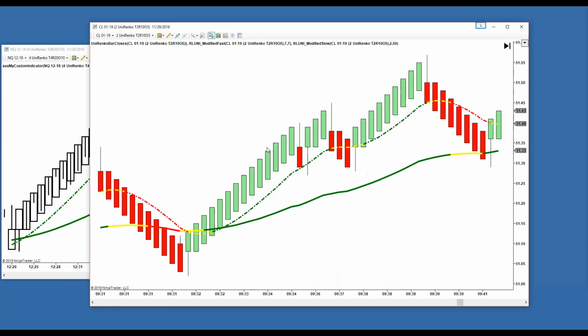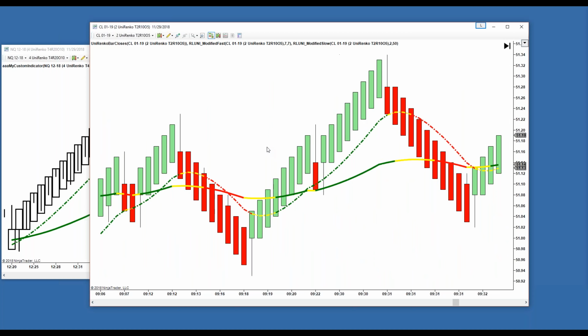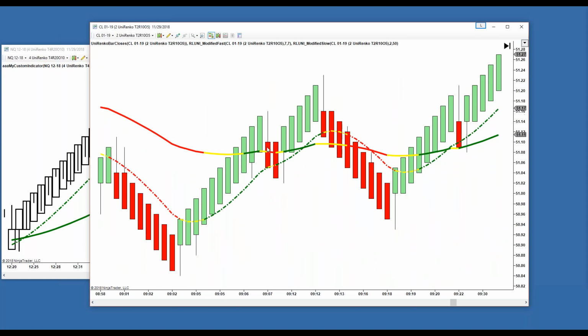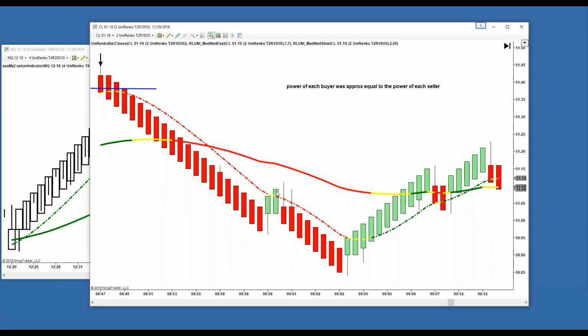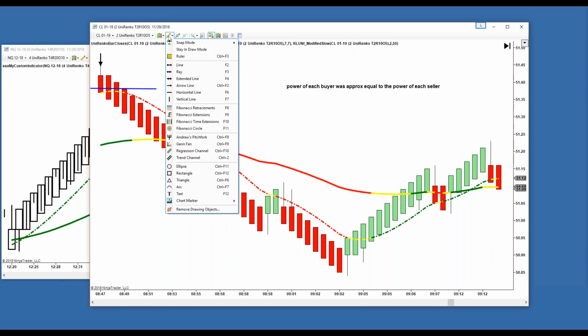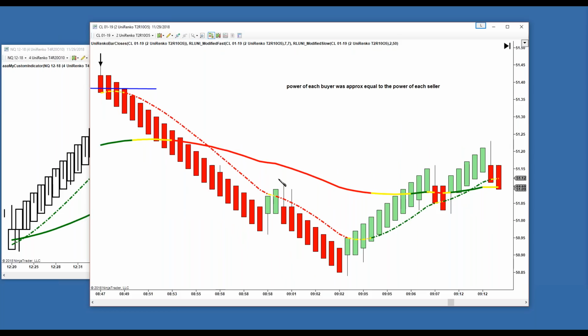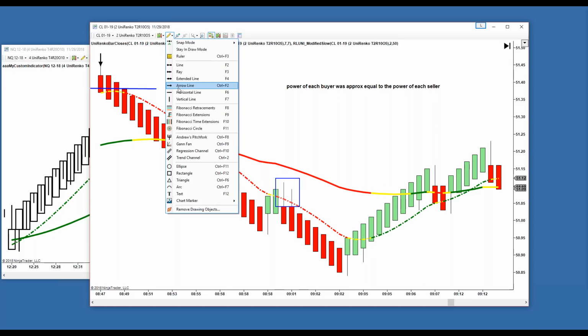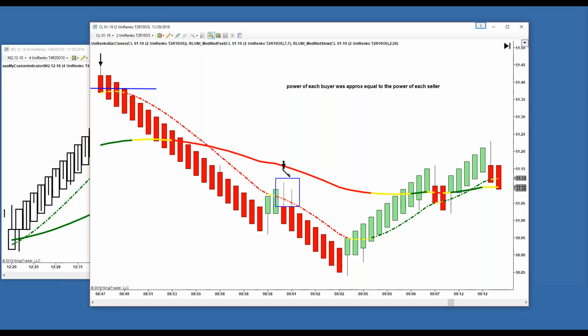And it's always going to help you to have those wicks. Right here is a very powerful formation. This is what's known, if you're not sure about this trade, on the first move down, this first move down is a bull failure.